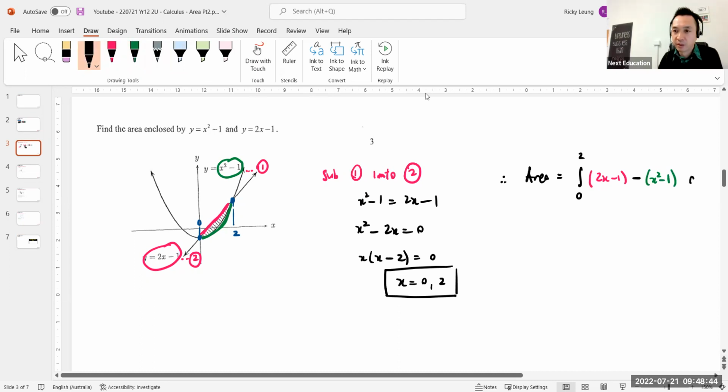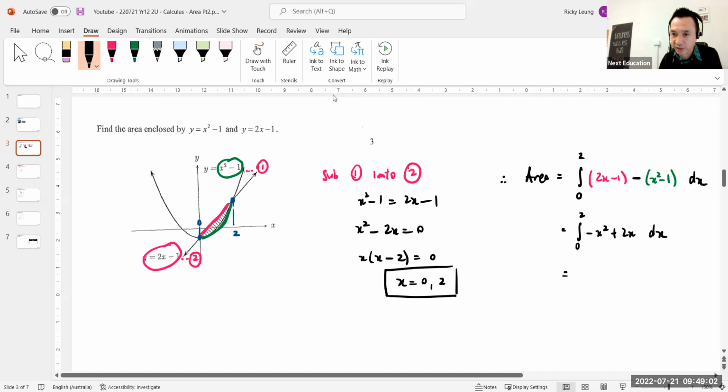So once you get that, it's a very straightforward integral. Let's clean it up before we integrate, just makes our lives a bit easier. So that's minus x squared plus 2x, minus 1, the minus 1's go away here, dx.